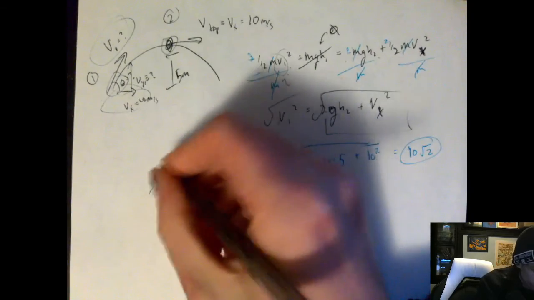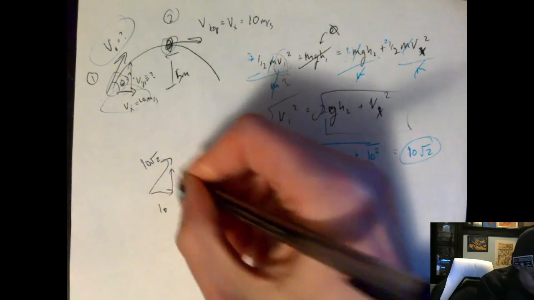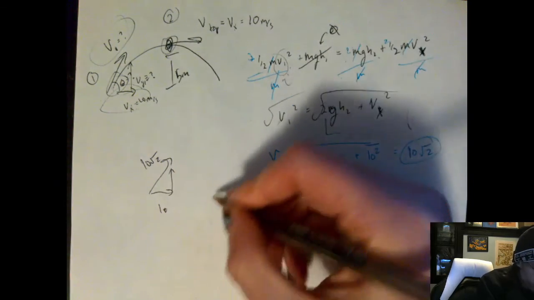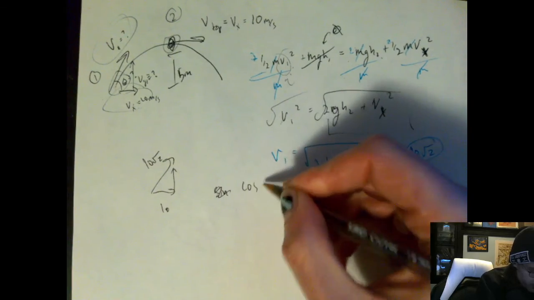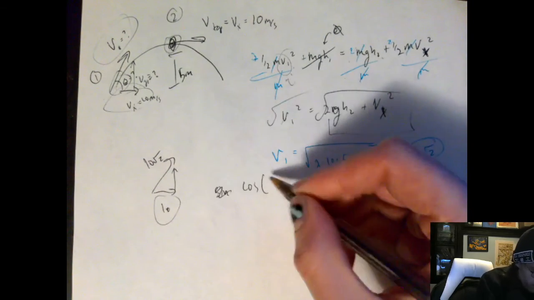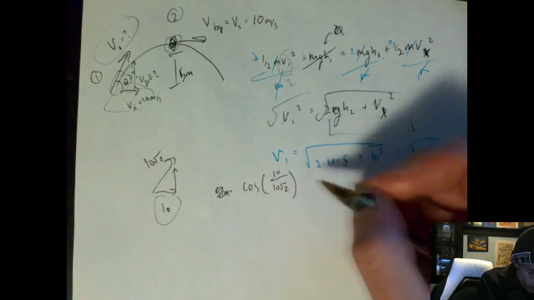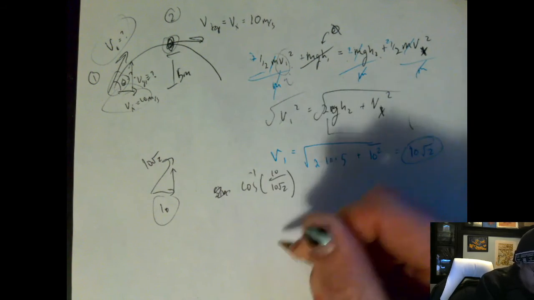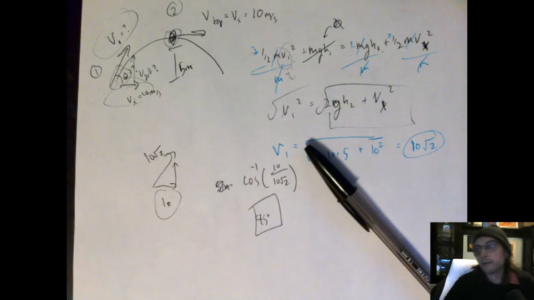And from there, because we know that this is 10 root 2, and we know that this is 10, you might already recognize the special right triangle, but we can take the inverse sine, we can take the inverse cosine, because it's adjacent, of 10 divided by our hypotenuse of 10 root 2. The inverse cosine gives us out 45 degrees, and that's our angle.